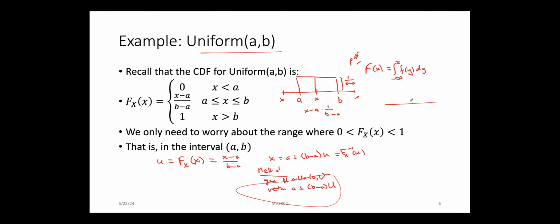You know, because a uniform 0, 1 is like this. But if we want it from A to B, what do we have to do? We have to stretch it and then shift it. We have to stretch it so that the width is B minus A, and then shift it so that 0 goes to A. So 0 goes to A, we add A, and to stretch something, you just multiply it by the stretch factor.